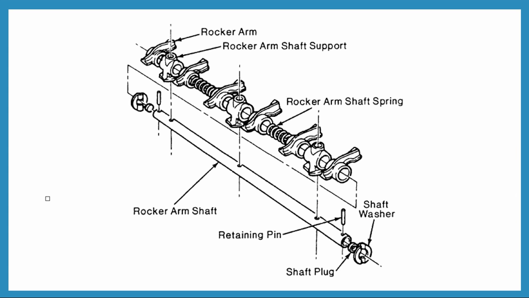Now coming to the picture of the rocker arm assembly. This one is the rocker arm. This is an elaborate picture of the rocker arm assembly. This one is called the rocker arm shaft. Here the shaft plug and shaft washer are also available. This one is called the retaining pin.